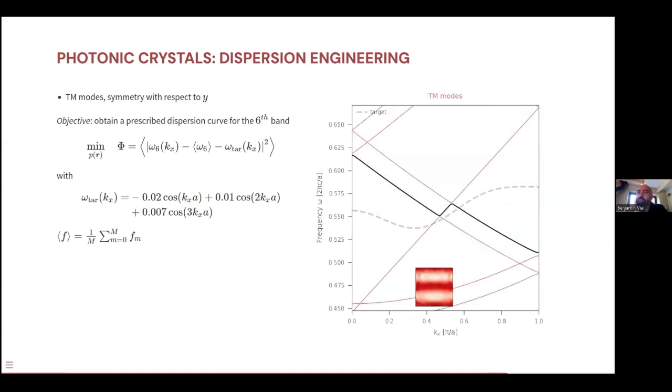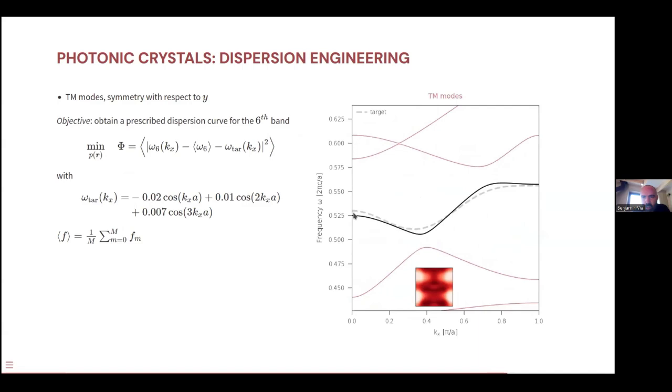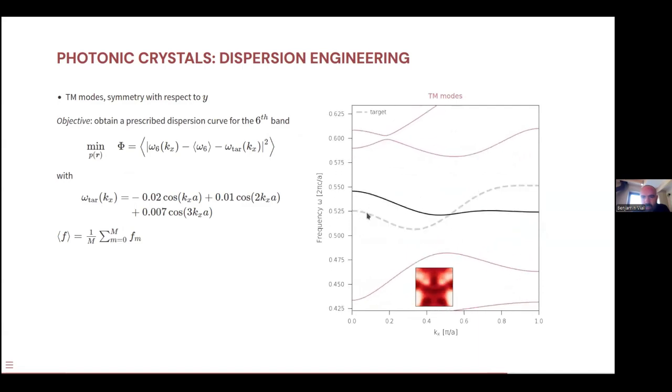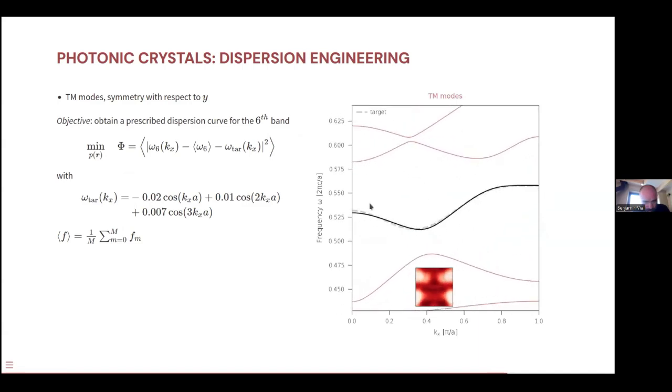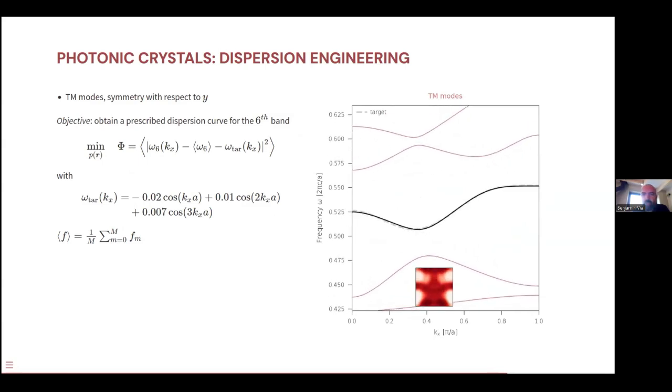And the other thing was to do some dispersion engineering. So let's say we want to have this target dispersion curve in dashed gray lines over here for a given band. So we want to minimize this functional over here. We don't very much care about the average value.